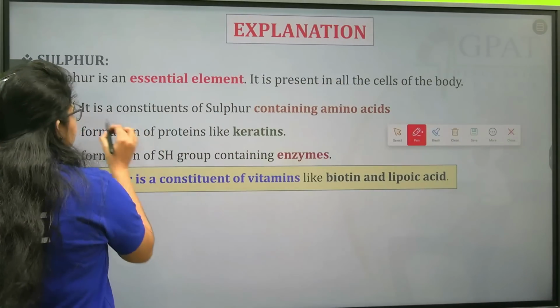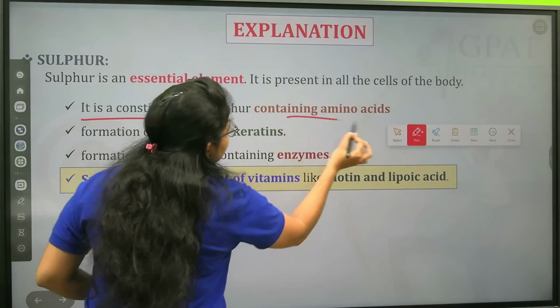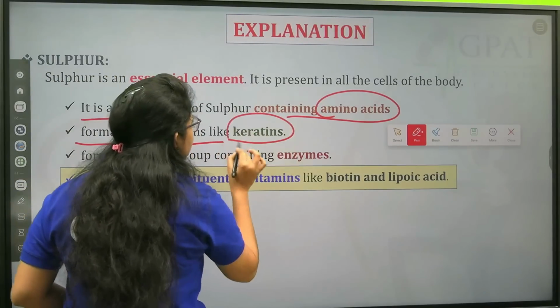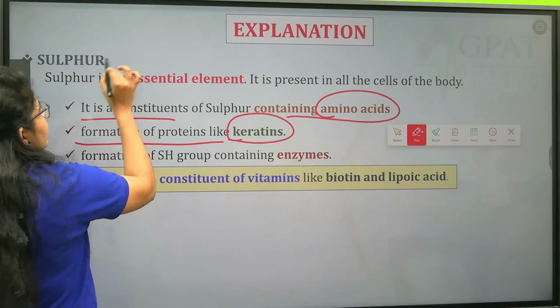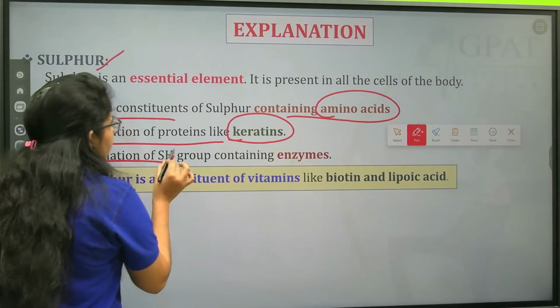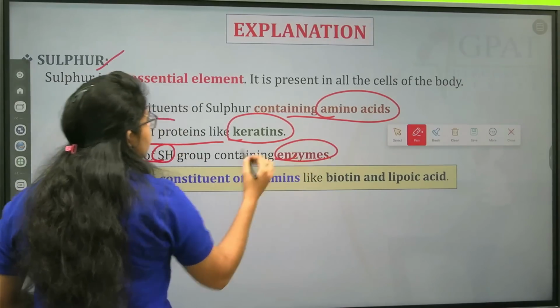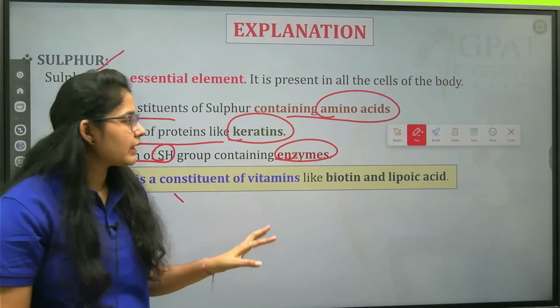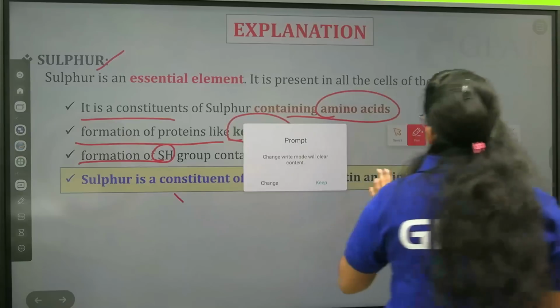It is also a constituent of sulfur-containing amino acids. Formation of proteins like keratins is done by sulfur. Formation of SH group containing enzymes is done by sulfur. Clear? So sulfur is a constituent of vitamins. Okay. The next question.